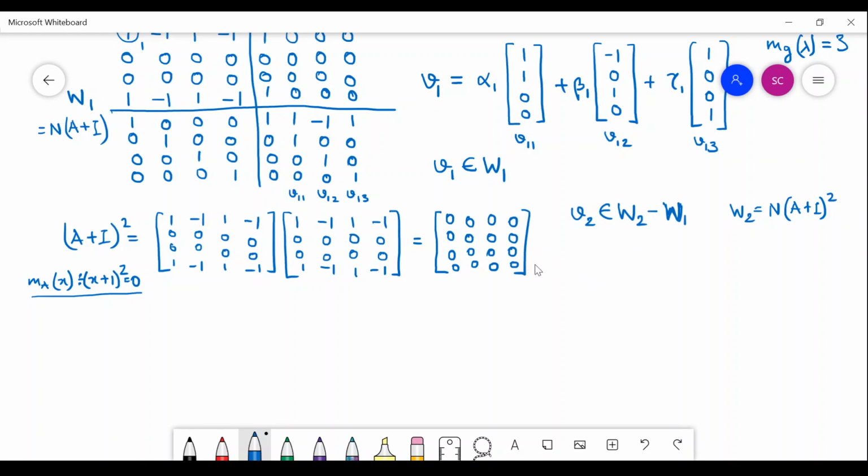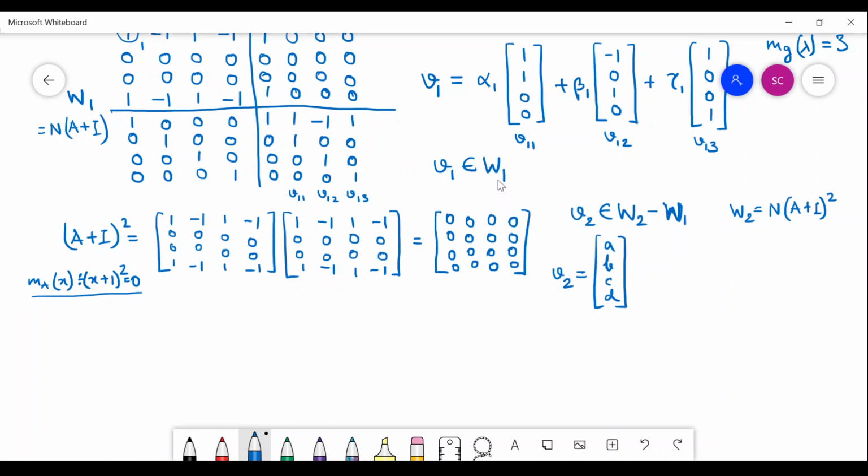Very clearly you can see that since the matrix has already become 0, your v2 can be any vector basically. So the options for v2 are completely open. So this a, b, c, d can be any value. Now you have to choose such values so that it does not belong to W1.